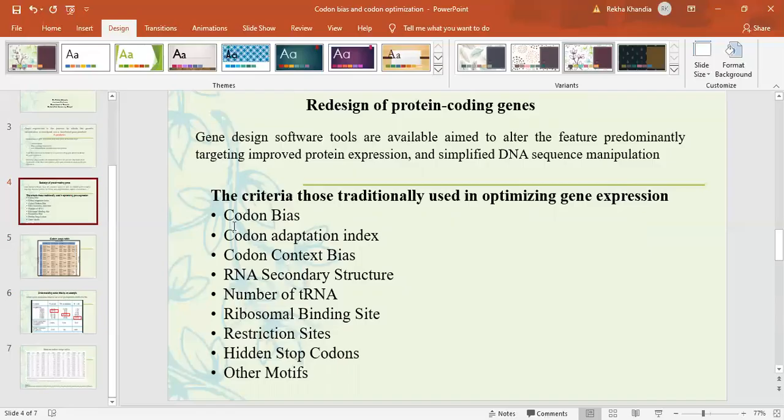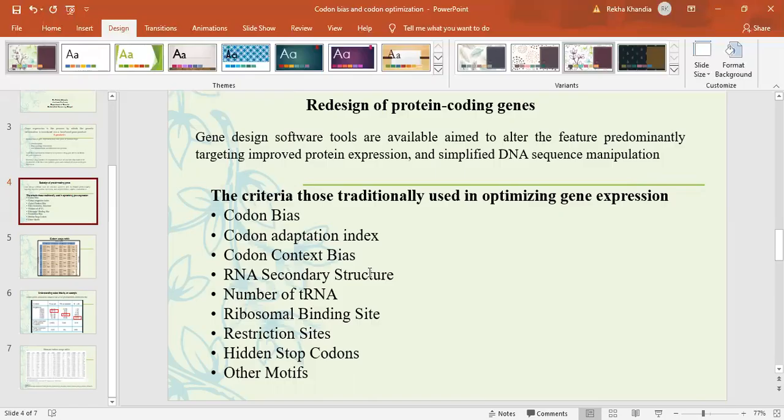So, as we have already discussed codon bias, next we will discuss the codon adaptation index. What is the codon adaptation index? It is a numerical value which indicates how much a gene is adapted to the host if it is expressed in a heterologous host.